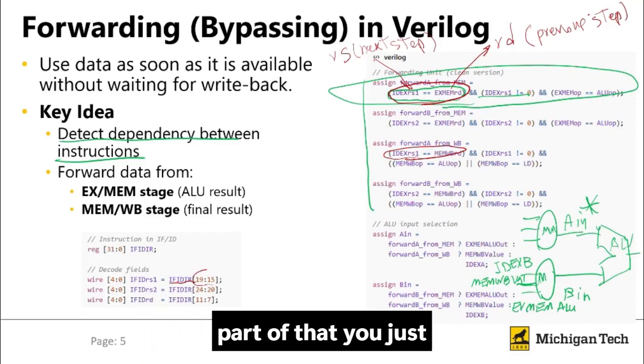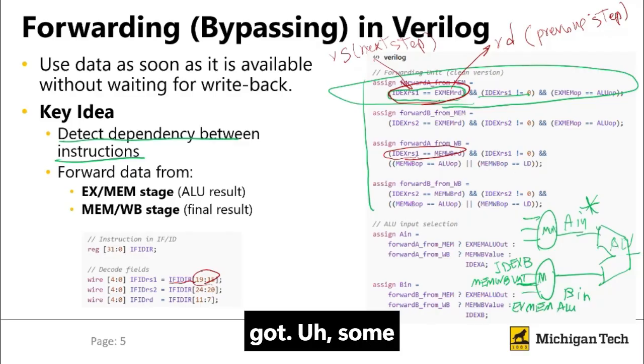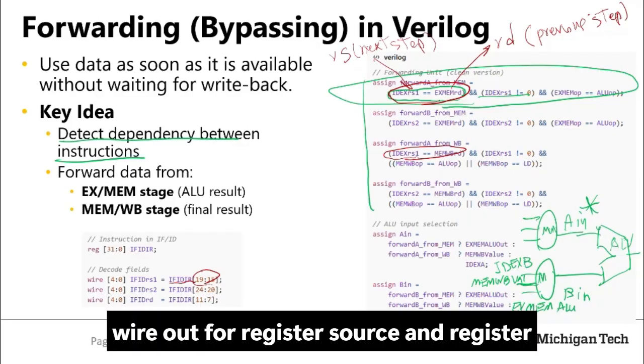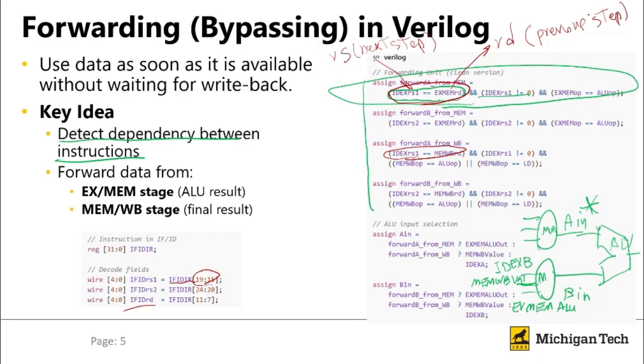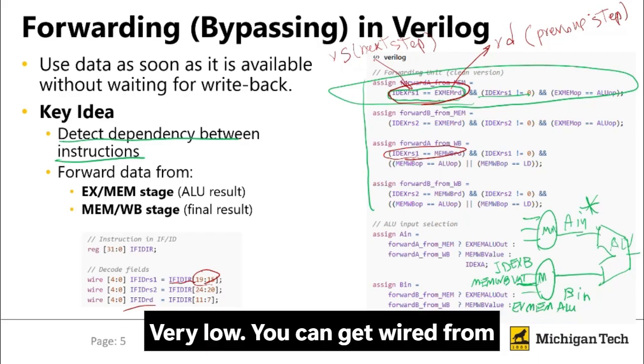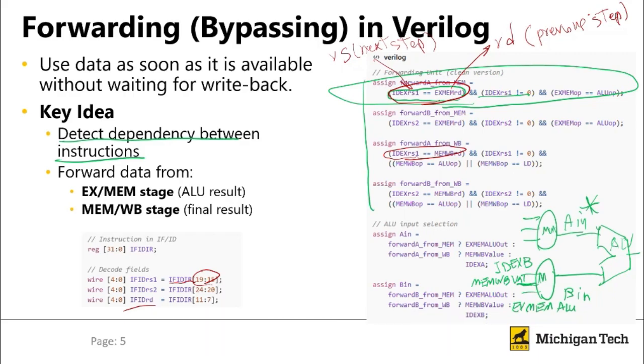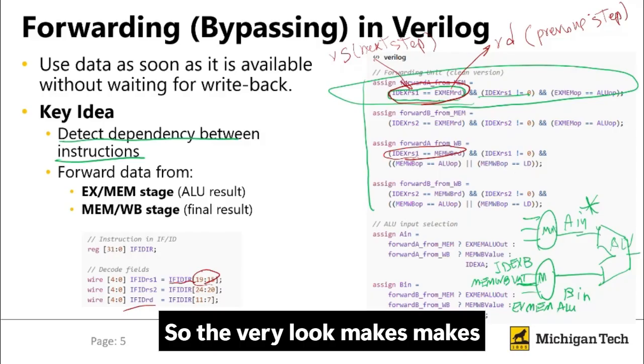You took some part of that and got some wires out for register source and register destination. You can do that in Verilog. You can get wires from registers. So Verilog makes everything simple.